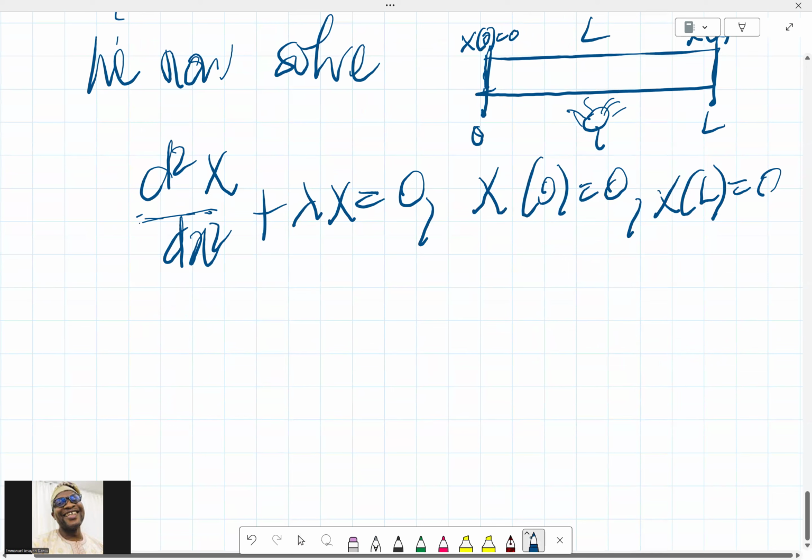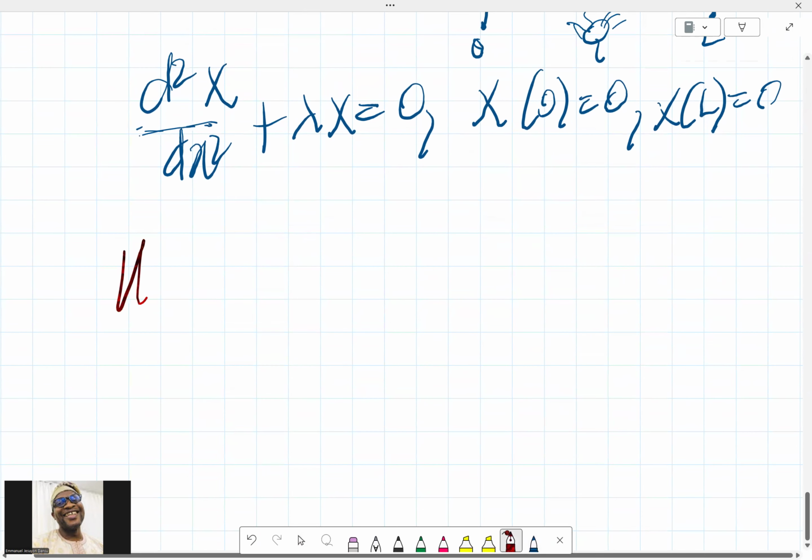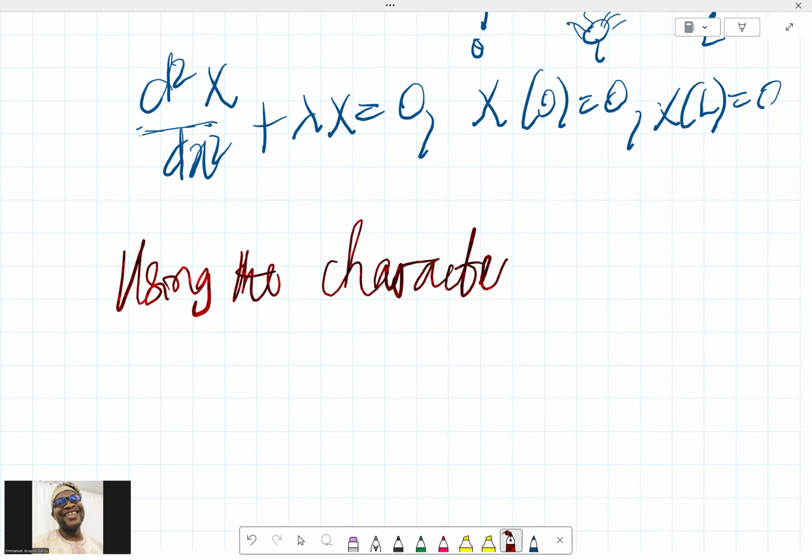So in this case, of course, we can solve using the characteristic equation method, right?